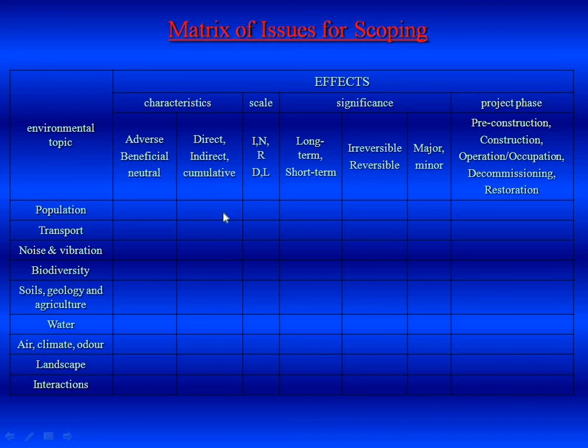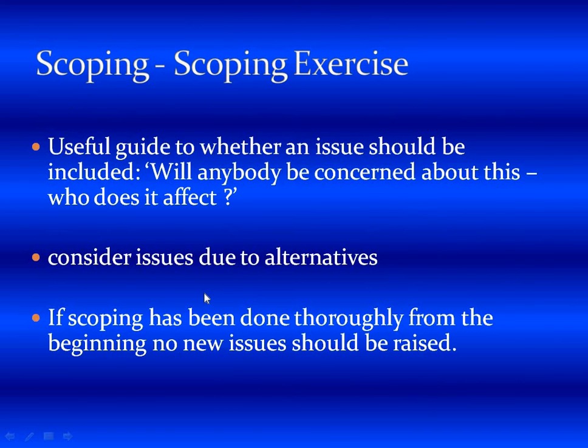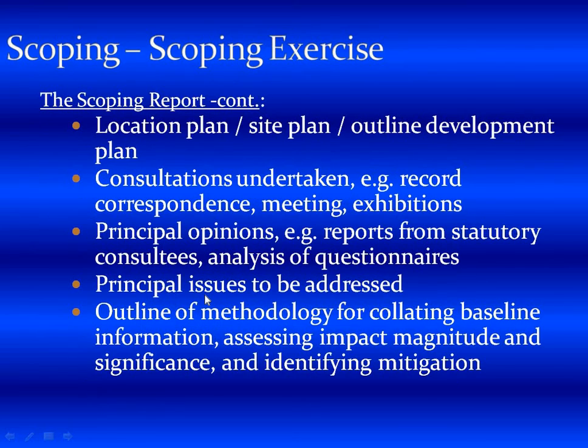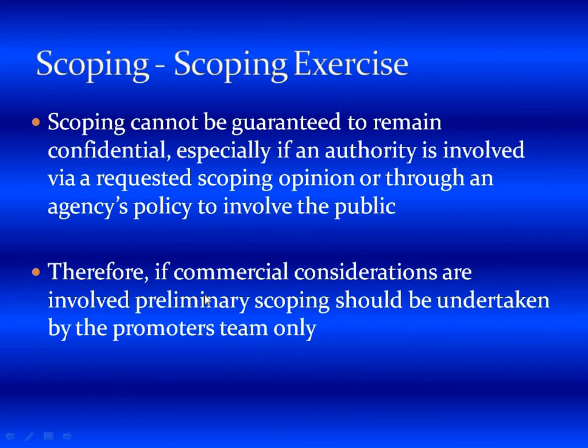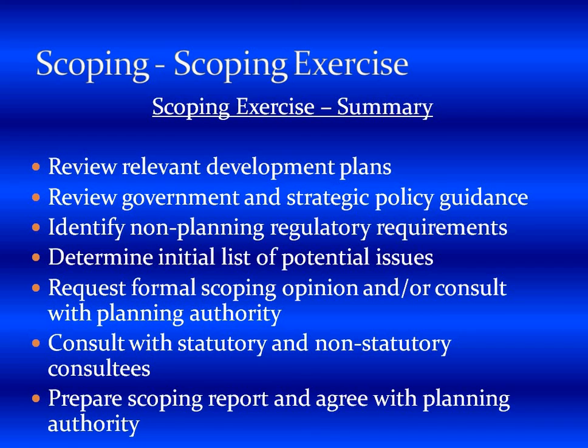Each of the aspects has benefits, long term and short term. We'll cover some of these things: scoping exercises, reviews of relevant development plans, and review of the government. We'll discuss more about that.